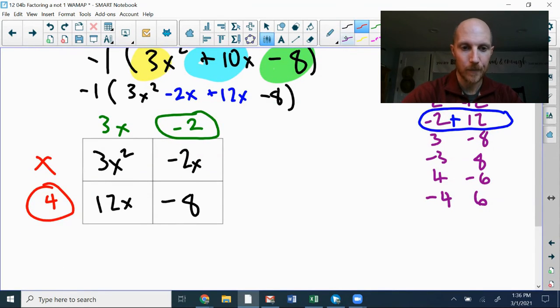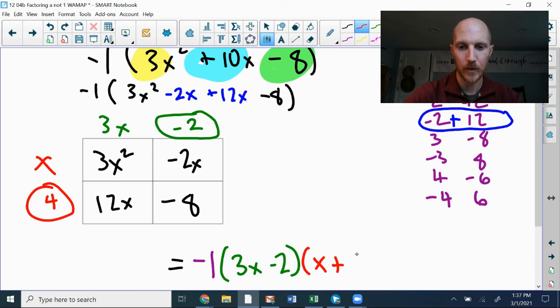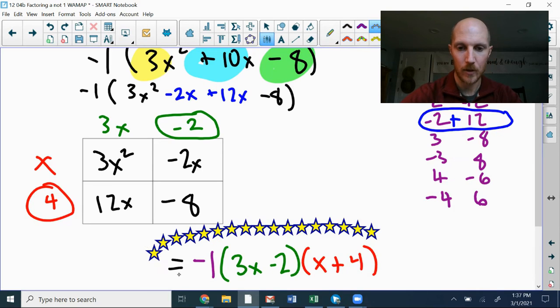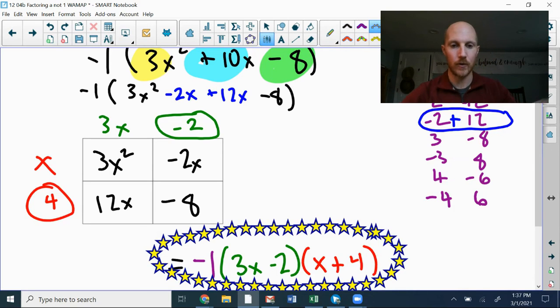So I've got that -1 that I factored out back at the beginning. And then I'm going to do the green one first. So 3x minus 2. And then the red one's x, and that's a +4. So I need to write in the plus sign here. And there's my final factored form.